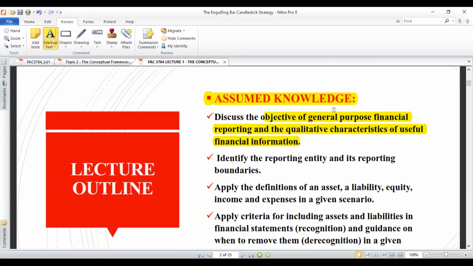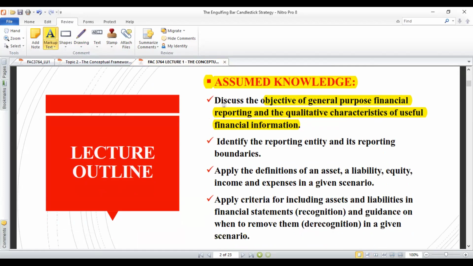So these are the assumed knowledge. So the assumed knowledge is basically important detail that you need to draw from the concept that we're going to discuss. It can also be the learning outcome. So these are the important ones that you need to know. Discuss the objective, general purpose, financial reporting, and the qualitative characteristics of useful financial information. You can get a quiz question around that.